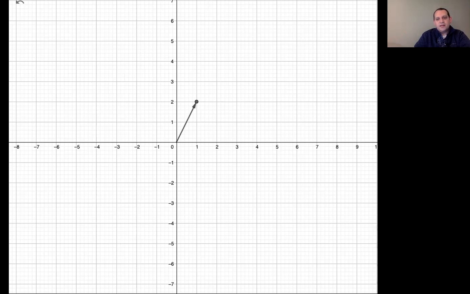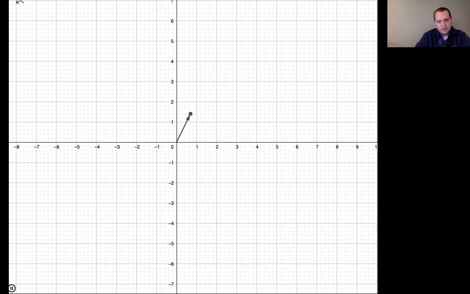So in our case, we can think of the point 1, 2 just as a point with no vector at all, which is perfectly reasonable. Or we can think of it as the tip of the vector 1, 2. So what I want to do is scale this vector and think about what that tip is going to do as it moves along. Let's let this run. If the vector gets scaled, it's going to look something like this.